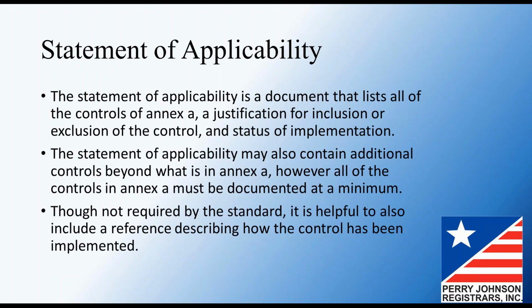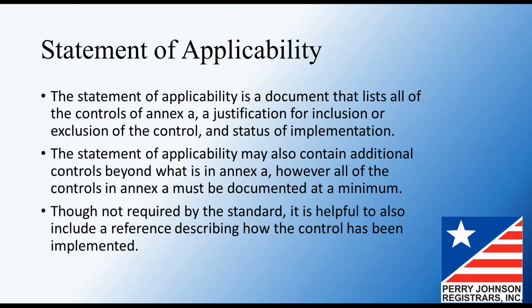The statement of applicability is the document that lists all of the controls in Annex A. And you're also required by the standard to include a justification on whether or not each control has been included or excluded from your system, as well as the current status of implementation.